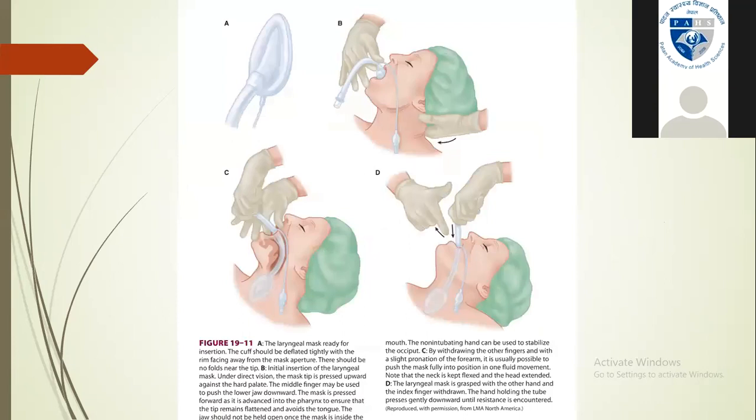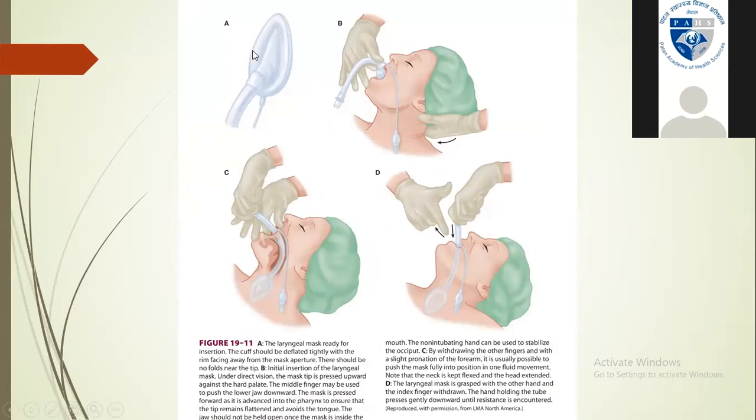So this is a procedure of inserting a laryngeal mask airway, LMA Classic. It consists of this cuff tube, and we have to hold this device in a pen holding fashion between our thumb and index finger, just above the mask. And we have to first check if this tip will fold or not.